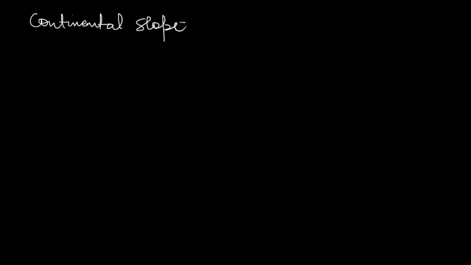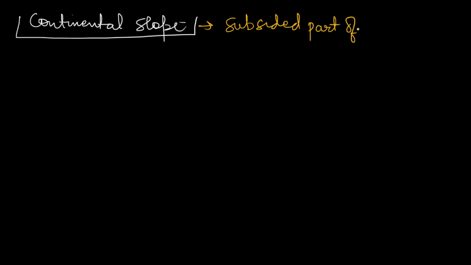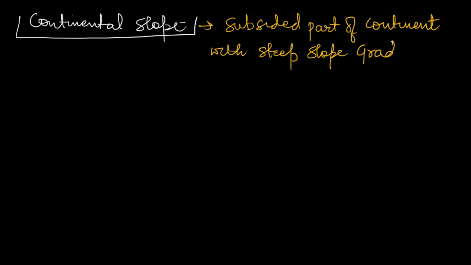This is the subsided part of the continent with a steep slope gradient, as the continental shelf was a gentle slope gradient and the continental slope is of steep slope gradient.